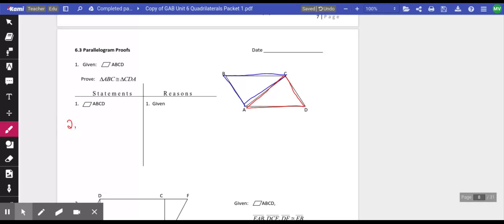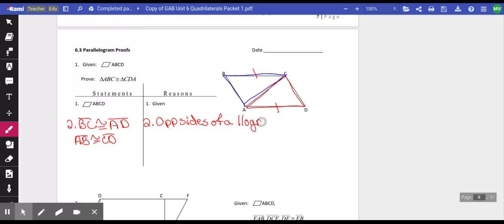First of all, it tells me that BC is congruent to AD and that AB is congruent to CD. And the reason for that is opposite sides of a parallelogram, which I abbreviate with the parallelogram symbol, are congruent.